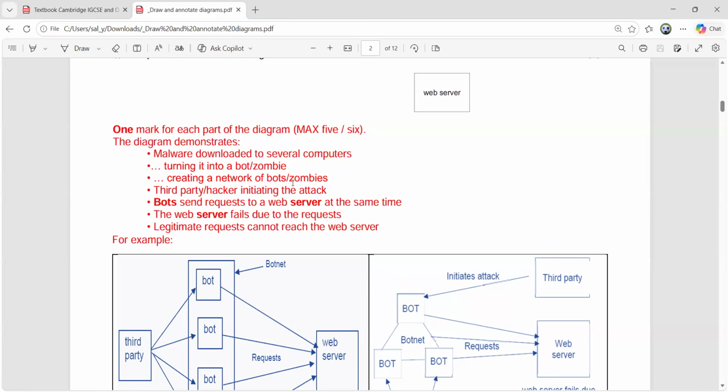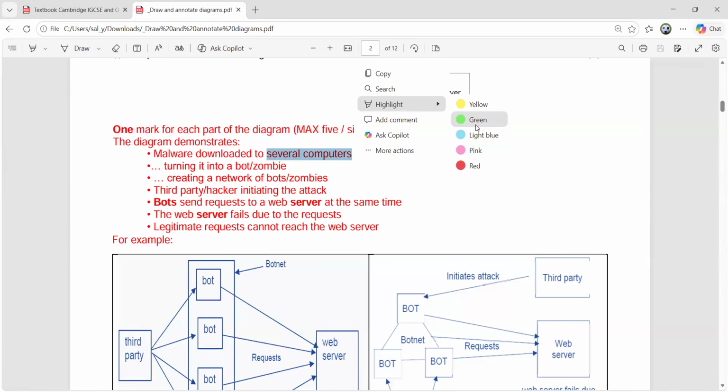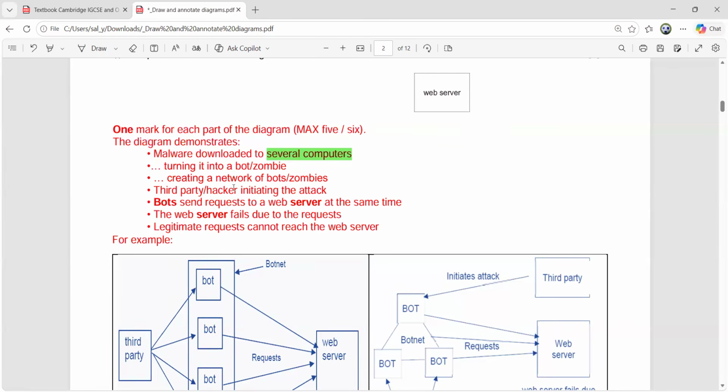You have to draw several computers where malware is being installed. Now, I'm repeating, malware downloaded to several computers, turning them into a bot or zombie. Creating a network of bots or zombies, a third party or hacker initiating the attack.